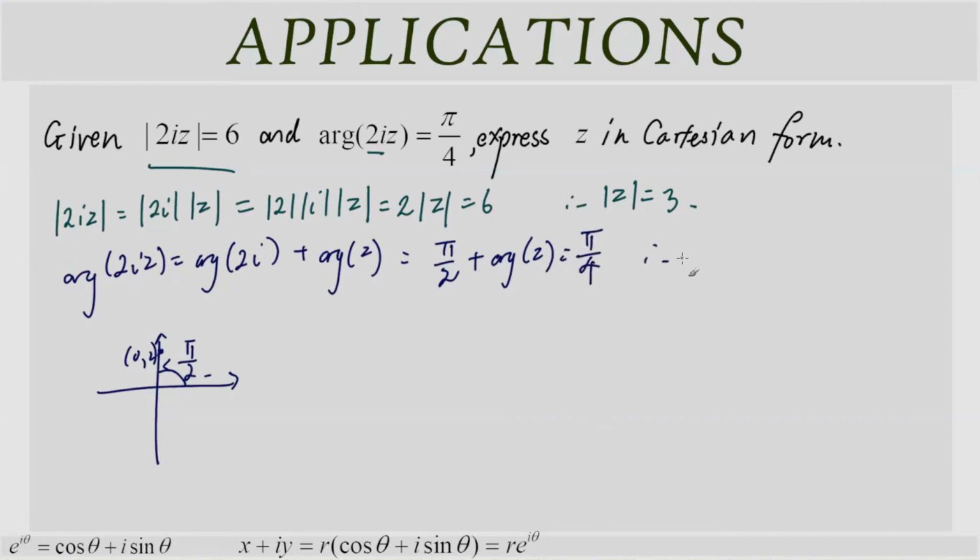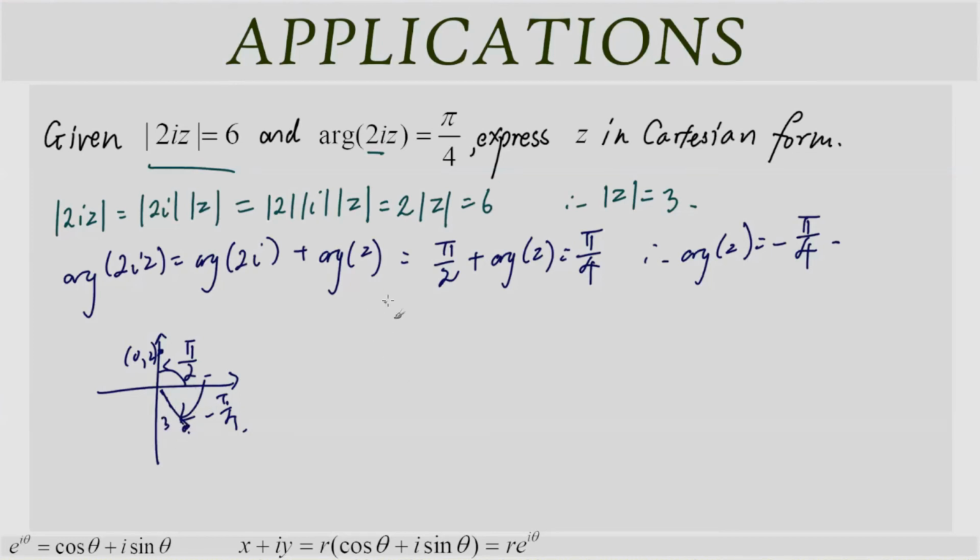So the argument of z is equal to pi over 4 minus pi over 2, and that's negative pi over 4. Negative would be in this direction. So z is somewhere over here, where the modulus is 3 and the argument is negative pi over 4.